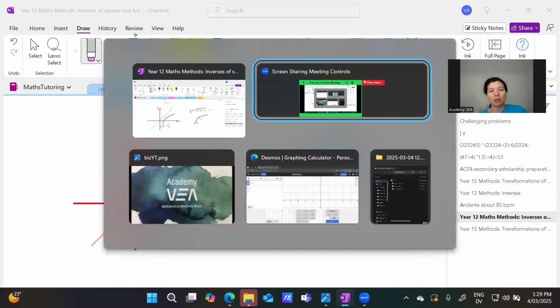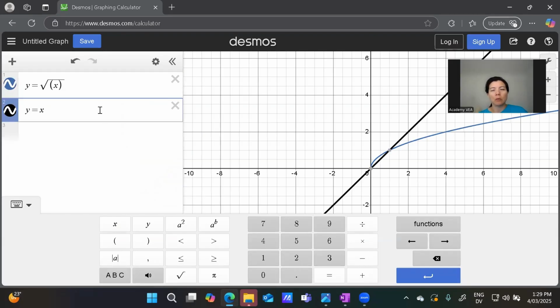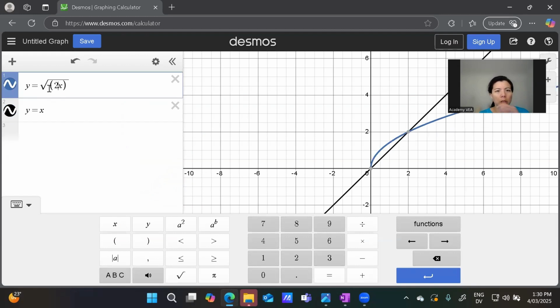So here's a little bit of a recap. If I've got the square root of x, it's going through 1, 1 right there. And if I put a little 2 in there with the x, what's happened to it is it's going to go through 2, 2. Very interesting. And so if I was to go to square root of x minus 1, it moves everything across, but it has the same shape.